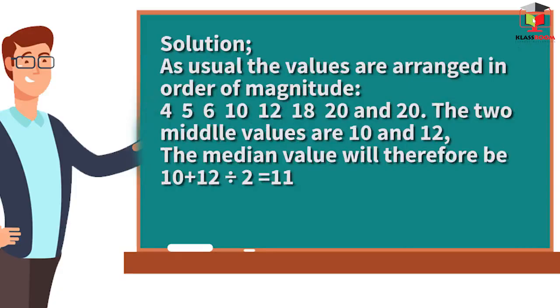Solution. As usual, the values are arranged in order of magnitude. Thus, 4, 5, 6, 10, 12, 18, 20, and 20. The 2 middle values are 10 and 12. The median value would therefore be 10 plus 12 divided by 2, which is 22 divided by 2, 11.